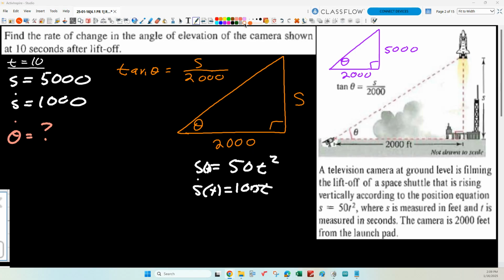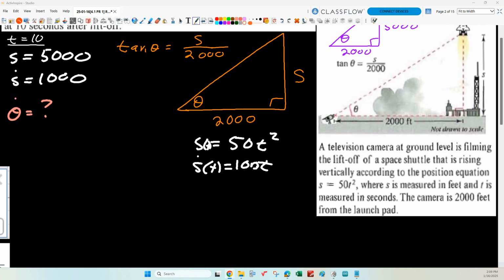It has to be like a right triangle trig equation, okay? So we've got our parent equation. It's right here: tangent theta equals S over 2,000.